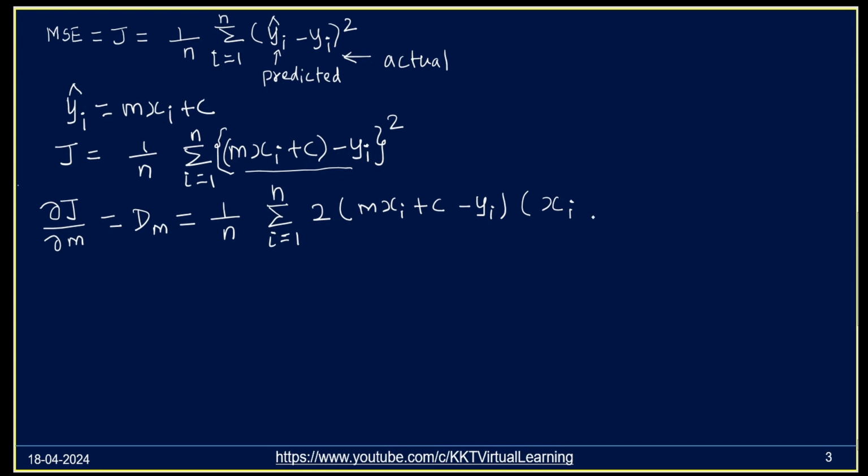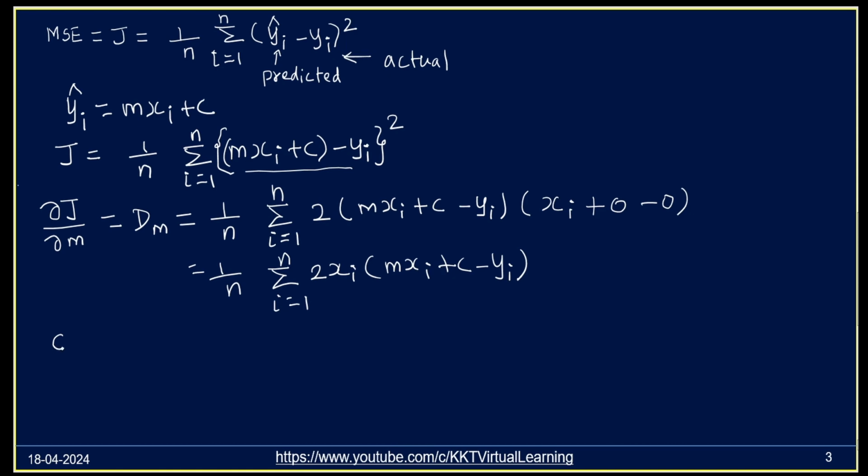And c is a constant here because we are taking the partial derivative with respect to m. So m is variable, c is constant here. So the derivative of c is 0. Similarly, yi is also 0. So you will get 1 by n sigma i is equal to 1 to n 2 xi into (m xi plus c minus yi).